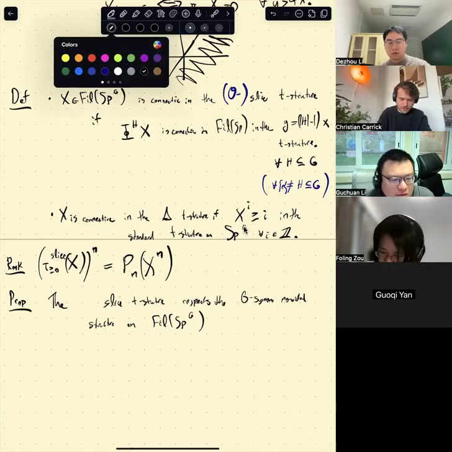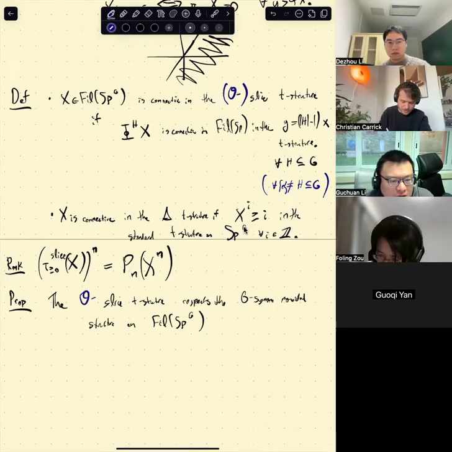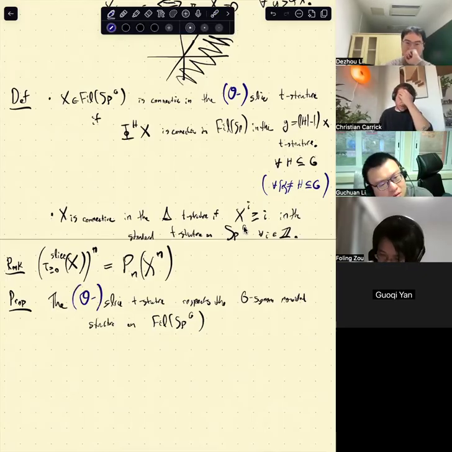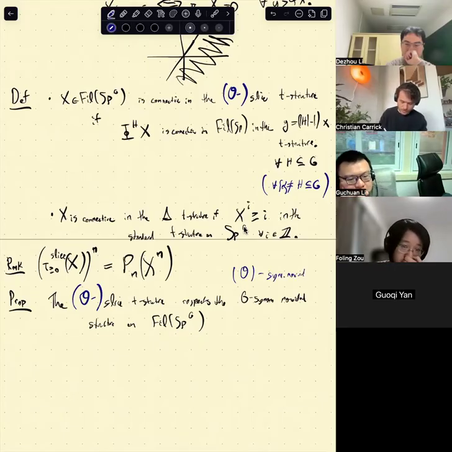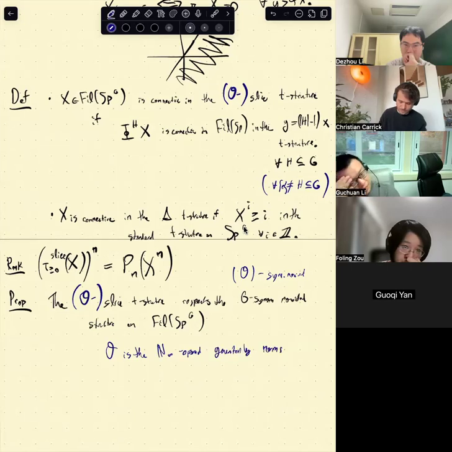And I also mentioned this O slice T structure, so let me state what we know about that. This T structure respects the O symmetric monoidal structure, where O is the N infinity operad generated by norms H to G, where H is non-trivial.